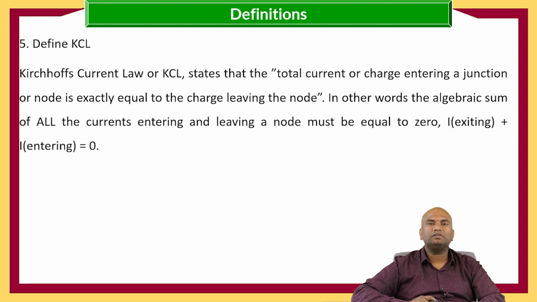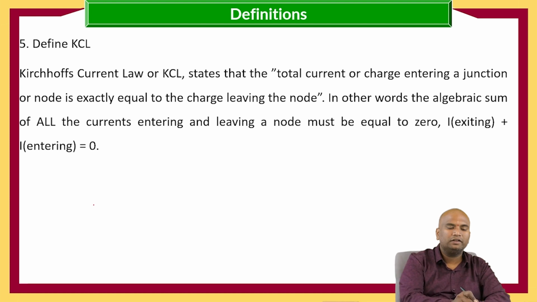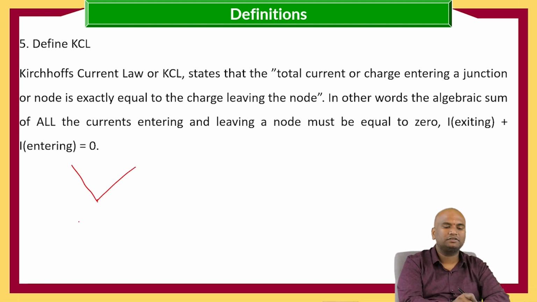Or we can also write this as: the algebraic sum of currents at a junction or a node is equal to 0.